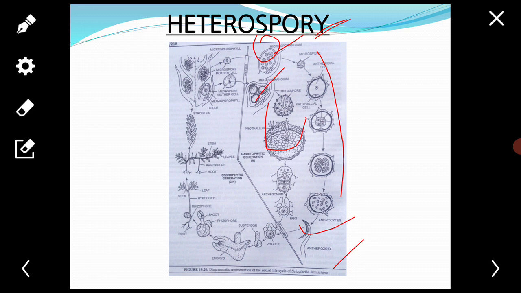However, Brooks in 1973 indicated that the formation of megasporangium in Selaginella is under the control of ethylene. Ethylene is a hormone that retards cell division.